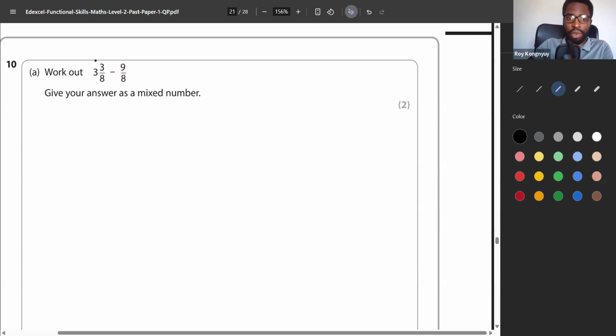Okay. So looking at 3 and 3/8, we know that if we have three wholes, one whole would be 8/8. So 3 wholes will be 3 lots of 8/8.